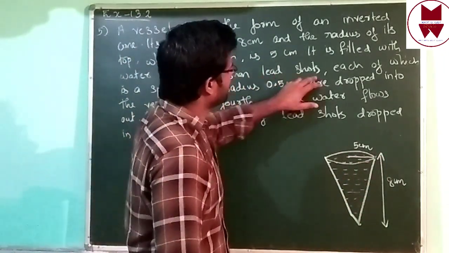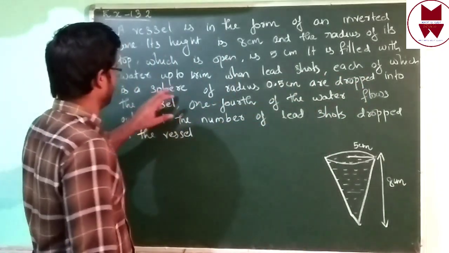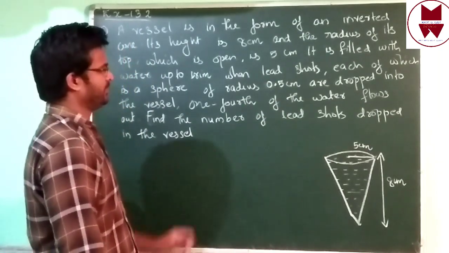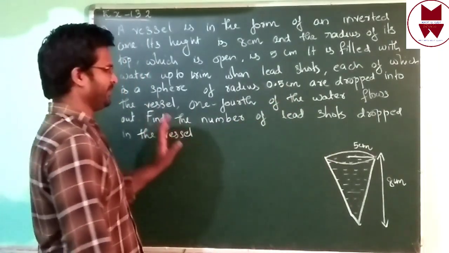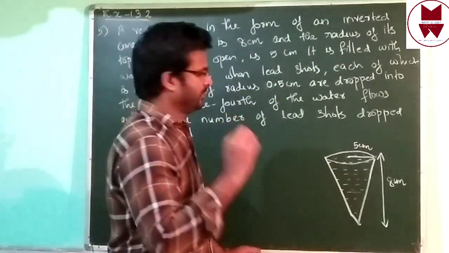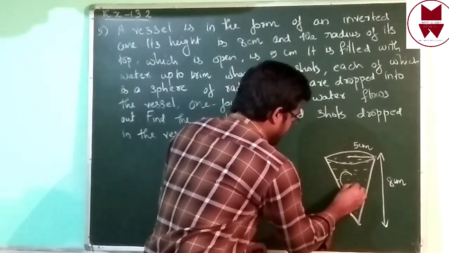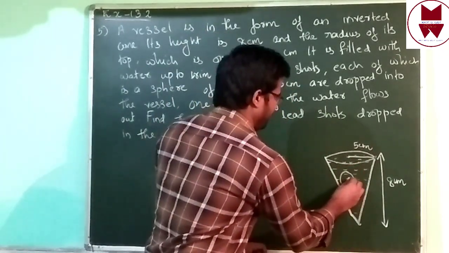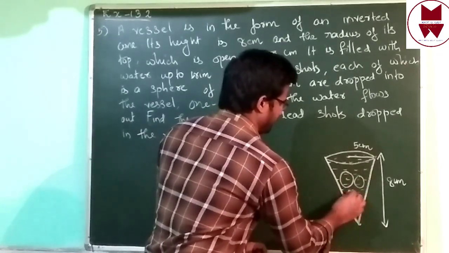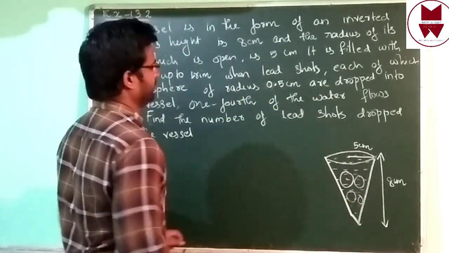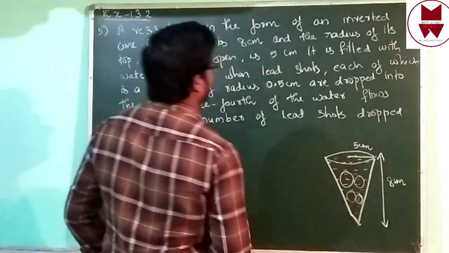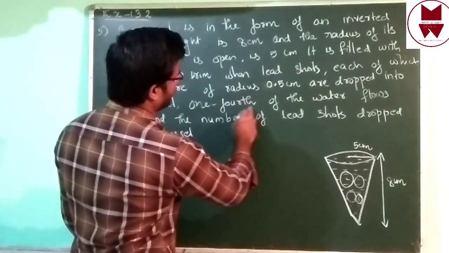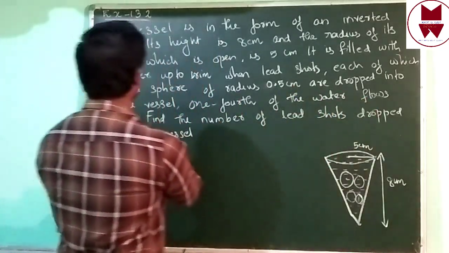When lead shots, each of which is a sphere of radius 0.5 centimeter, are dropped into the vessel, 1/4 of the water flows out.